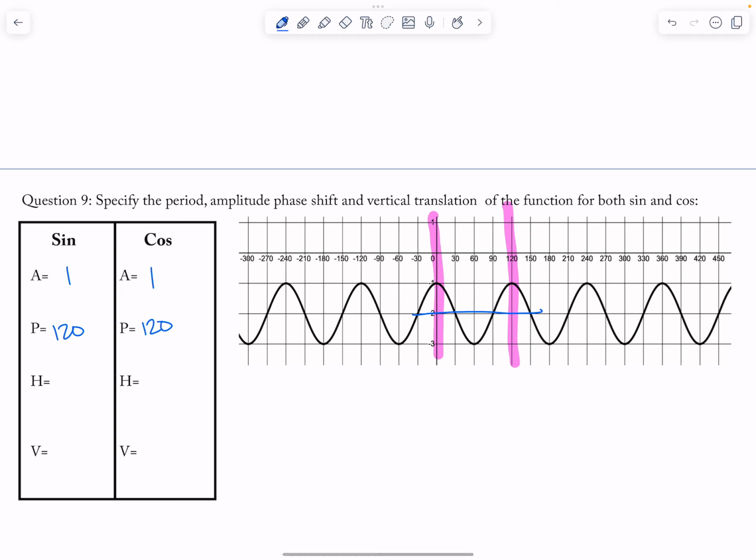My shifting downward, I shifted my 0, so this is down by 2. And then it's just my horizontal shifting, that's the thing. So none for cosine. And then for sine, we're going to be to the left by 30 degrees. Okay? And that's it for the odd-numbered questions.